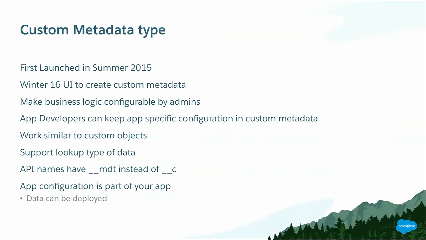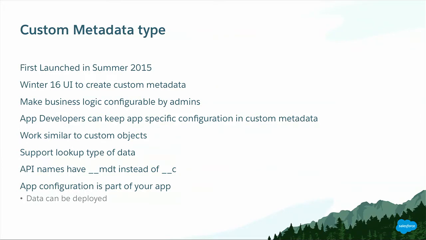One difference is that the API name is __MDT and not __C for metadata types. Also, the big differentiator, the big feature that custom metadata types support, is that you can package the data and deploy that as part of your deployment from sandbox to production. So you know that when you do custom objects or standard objects, you can never deploy the data.